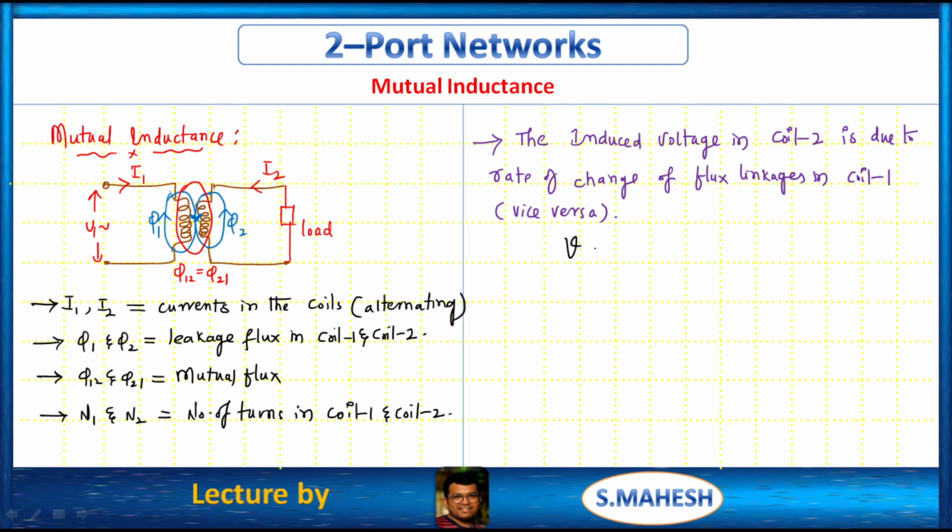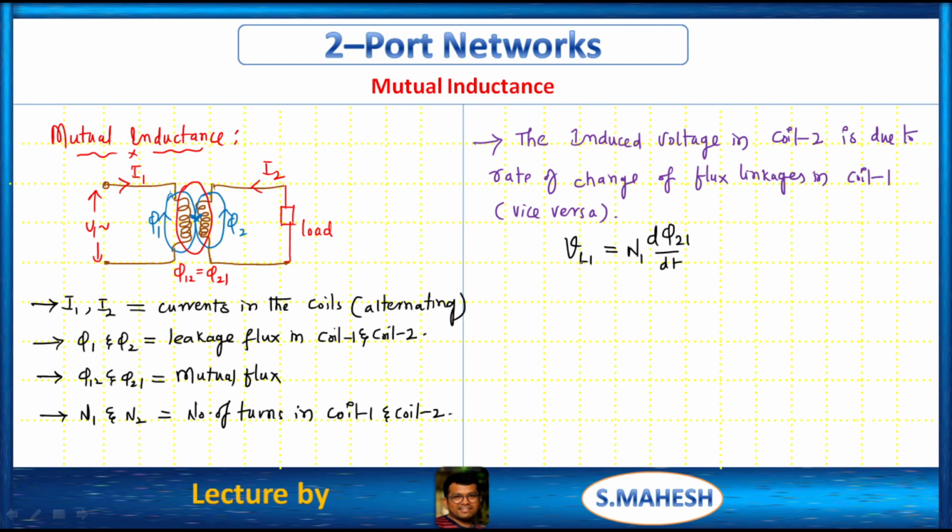V1, or we can write VL1, equals N1 into the rate of change of flux linkage, that is the mutual flux, d phi 21 by dt.